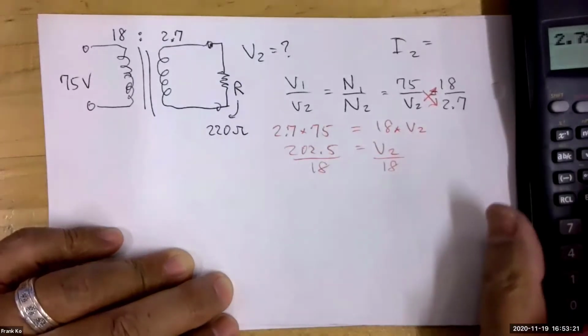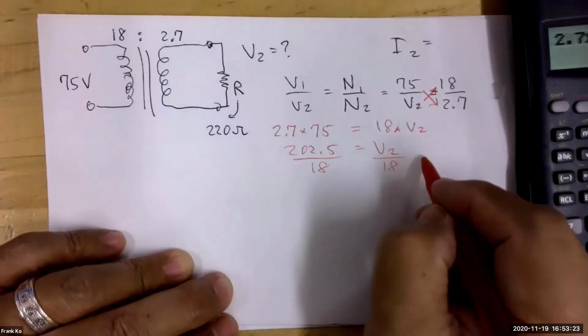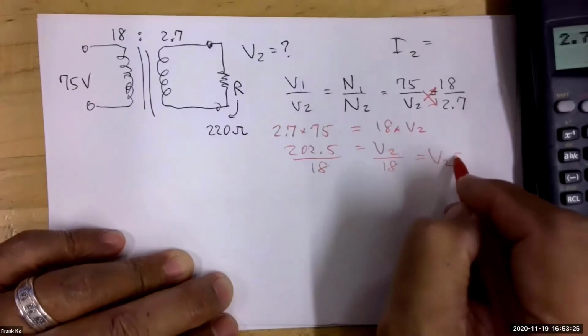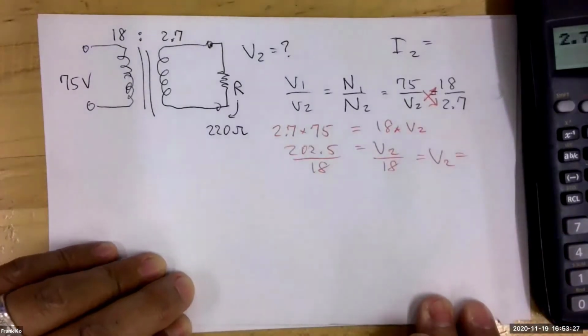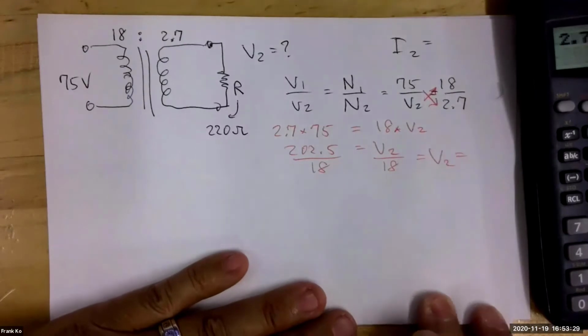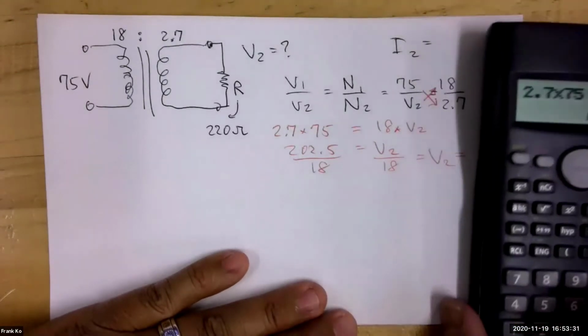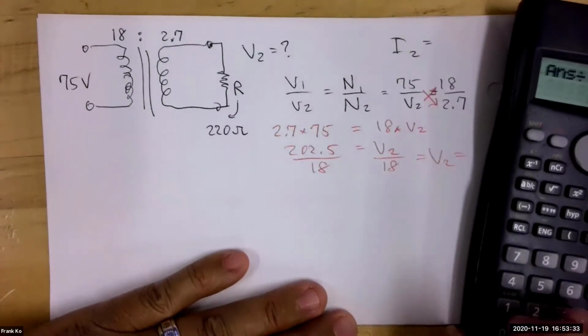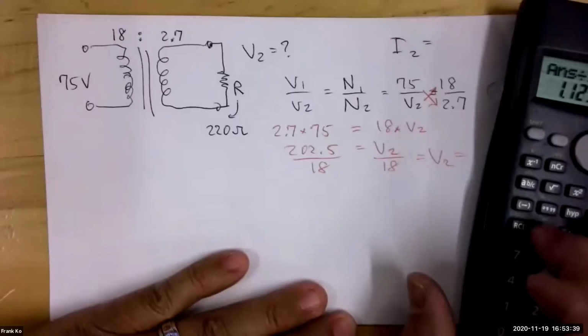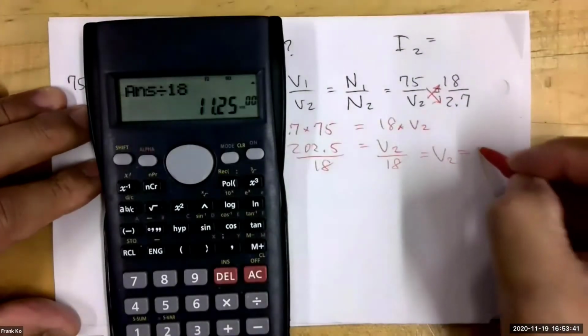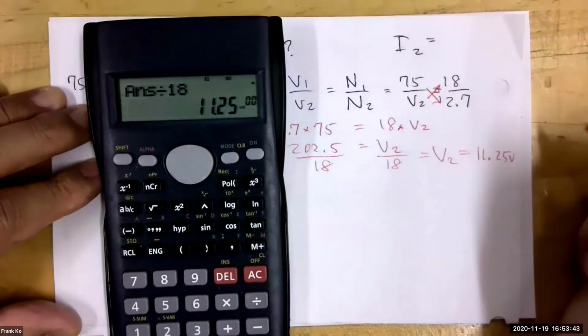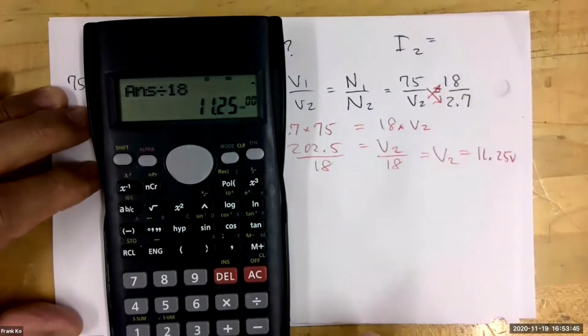And when we divide both sides by 18, that will leave us only with V2, and V2 calculates to be what, Jacqueline? 11.25 volts. Okay, excellent. Hopefully we all agree that we should have 11.25 volts.